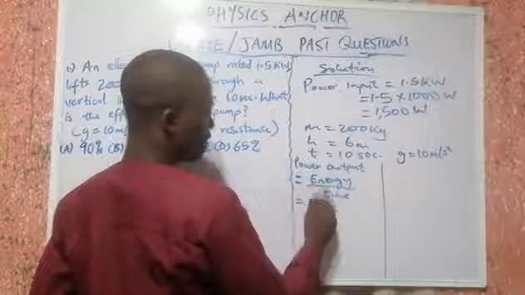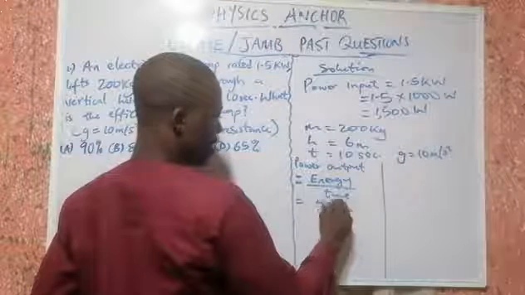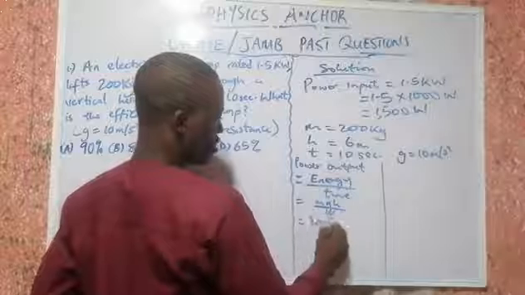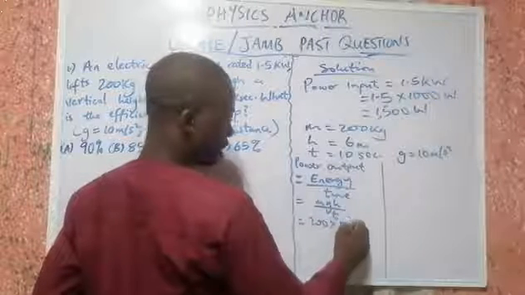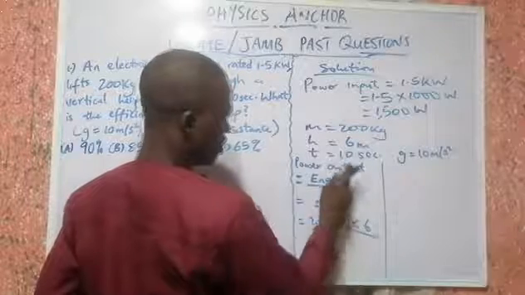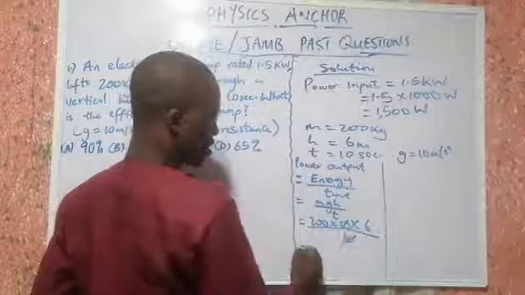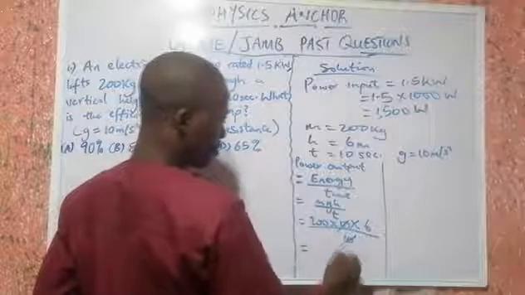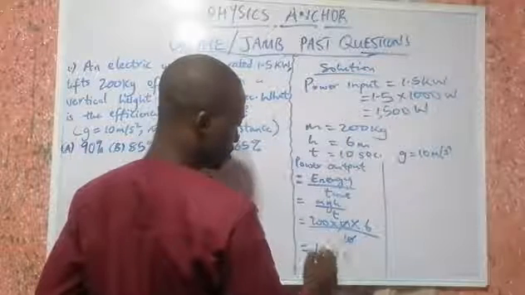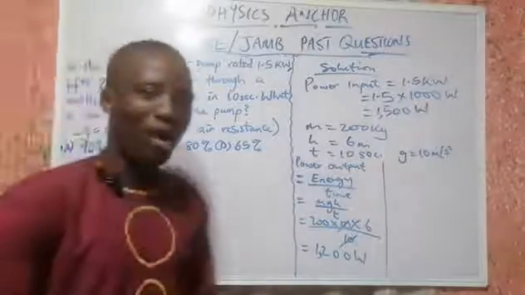Because we have mass, we have g, we have h, we know that energy is mgh, over t. So our mass is 200 times 10, which is our g, times 6, which is our height, over the time, which is 10. So 10 cancels 10 immediately, and that will give us 1200 watts. So that is the power output.